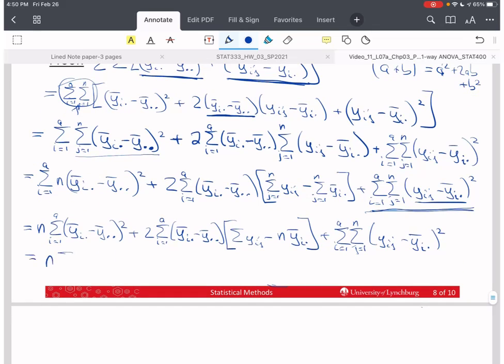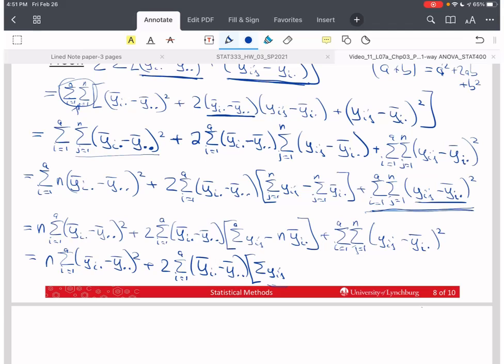And in sum yi dot bar minus y dot bar squared, I equals 1 to a, plus 2 sum I equals 1 to a of yi dot bar minus y dot bar times the sum of yij.